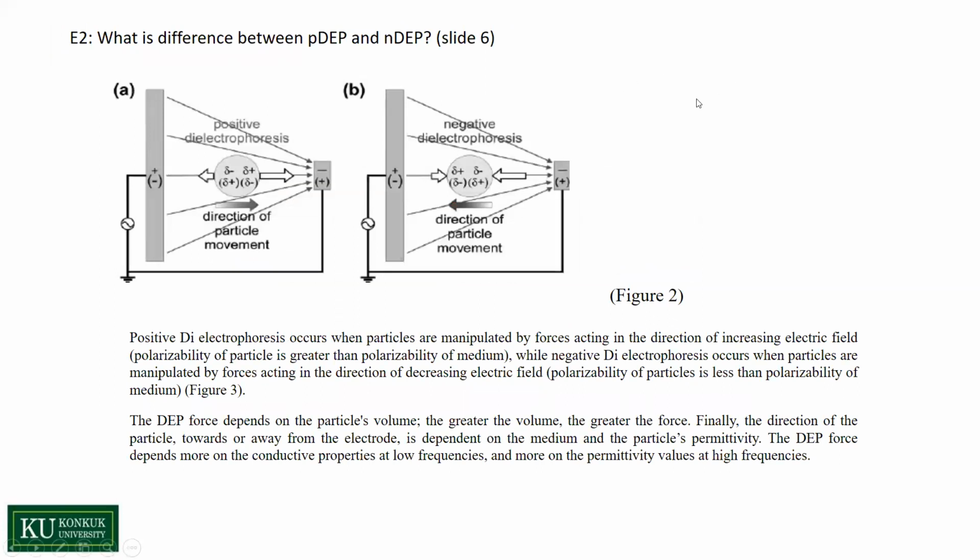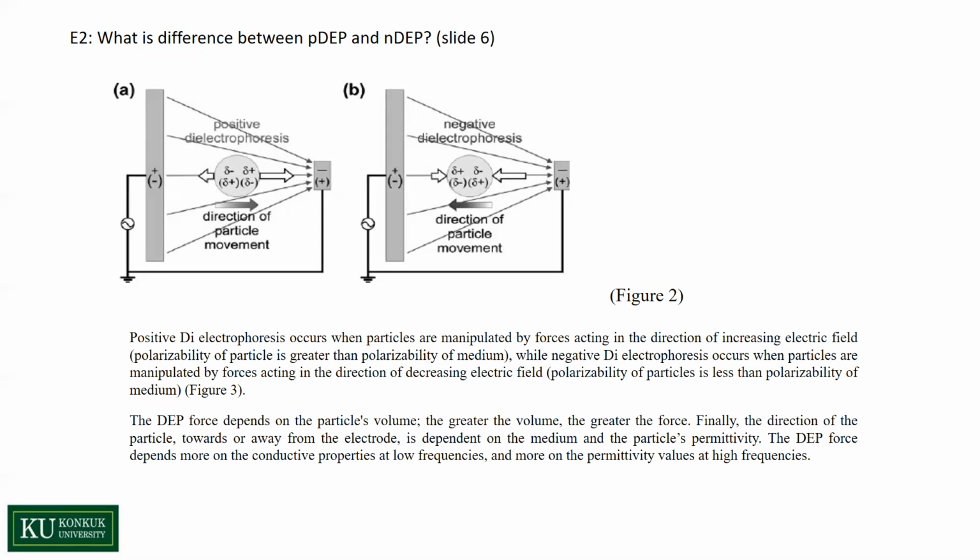And the second question is about the difference between positive dielectrophoresis and negative dielectrophoresis. We know that in positive dielectrophoresis, the condition is when the particle is more polarizable than the medium.